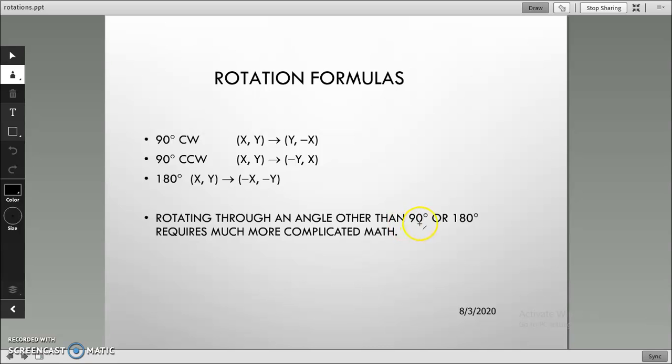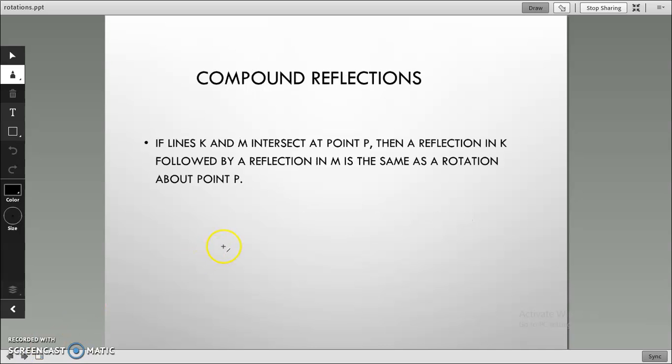Rotating through an angle other than 90 or 180 requires much more complicated math. Or we can do compound reflections, and that's one thing that will help us out a lot. So if lines K and M intersect at point P, then a reflection in K followed by a reflection in M is the same as a rotation about point P. Here's an example.